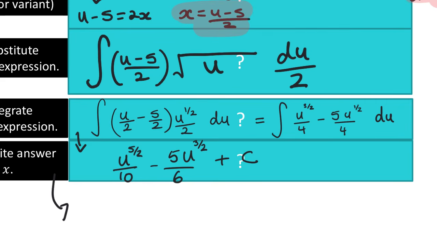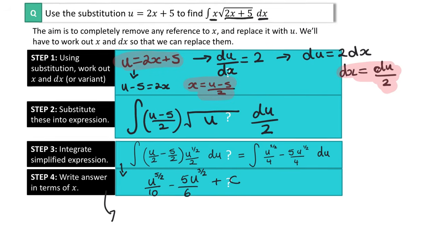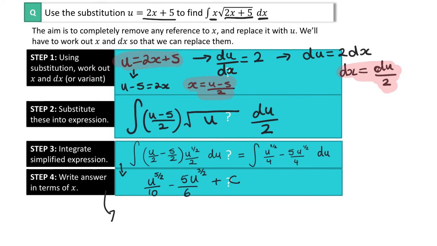Okay, so now we've integrated this. Now the final step: we did use substitution. The original question was in x's. Do you think I now need to put it back in terms of x's? Of course I do. What did we say u equals? 2x plus 5.